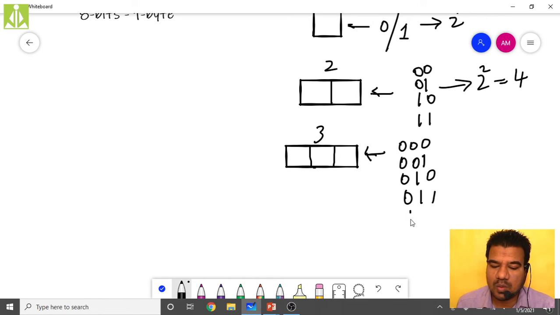After that, 1 0 0, 1 0 1, 1 1 0, then 1 1 1. So how many possibilities? 1, 2, 3, 4, 5, 6, 7, 8. So we are getting 2 power 3, that is nothing but 8 combinations.